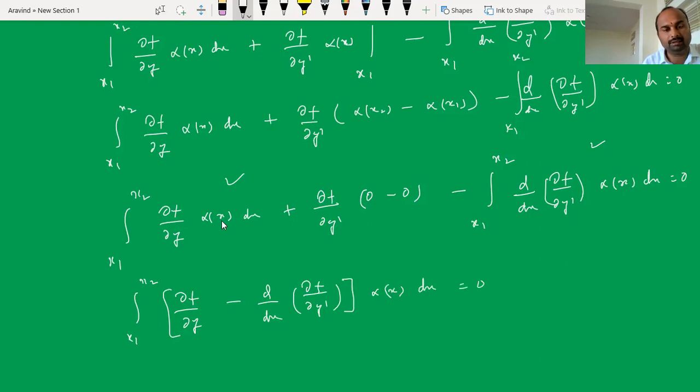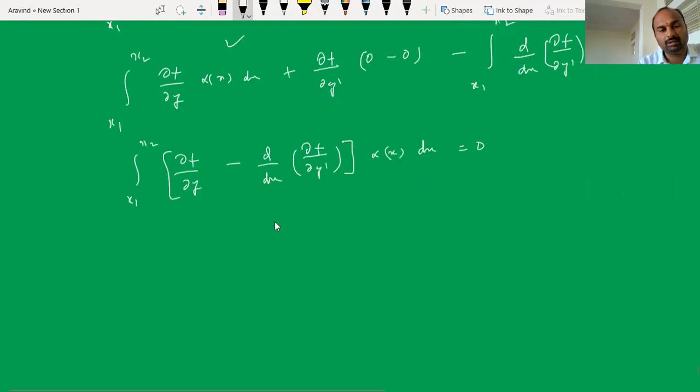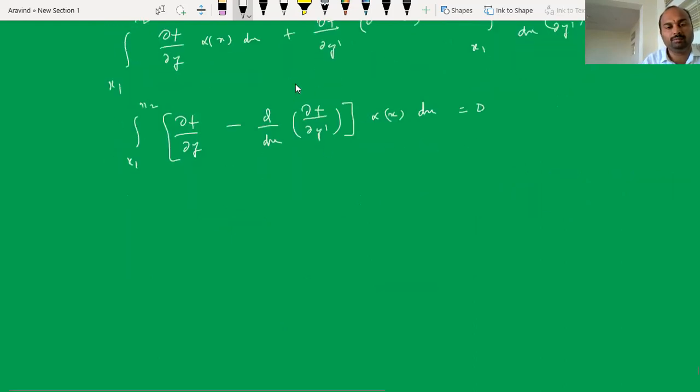I have taken this α(x) common and the integral also common. So this integral is equal to 0 only when this is 0. Which implies ∂f/∂y minus d/dx of ∂f/∂y' is equal to 0. So this equation we call Euler's equation.